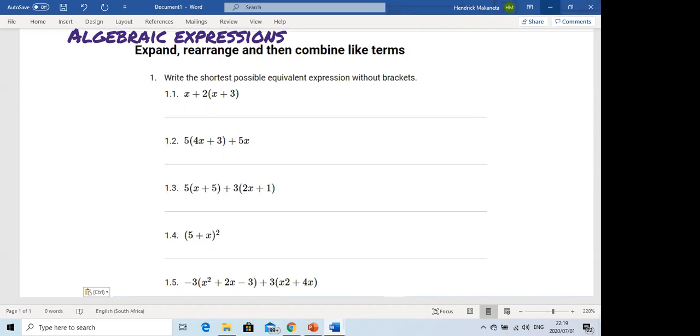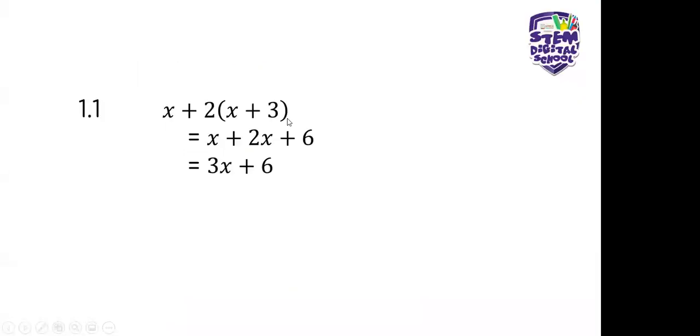Let's carry on now. I'm just going to demonstrate the first one there, that once you have an expression of this nature, first things first, remember the rule of BODMAS. The BODMAS rule is very clear. You need to first break the bracket. So that is the first thing that you need to do.